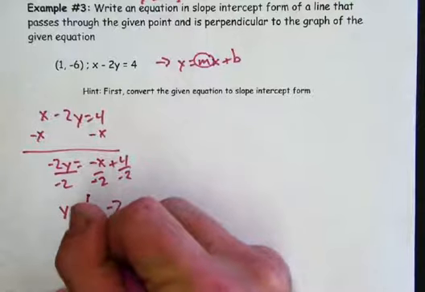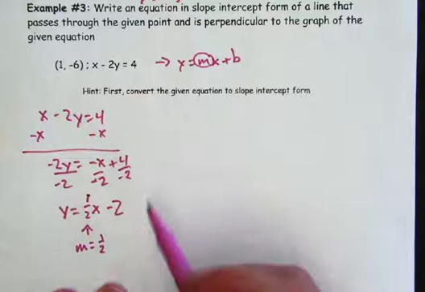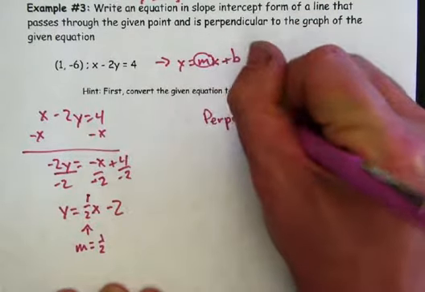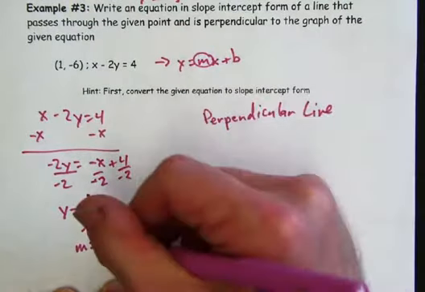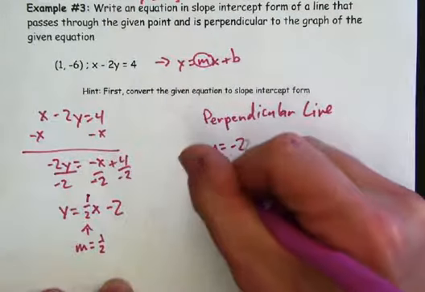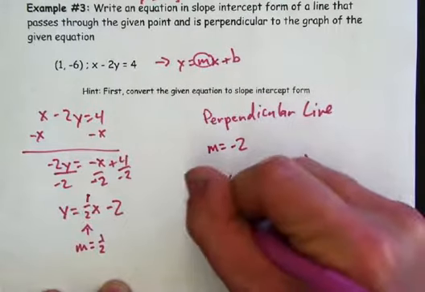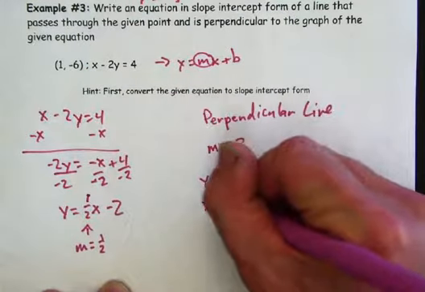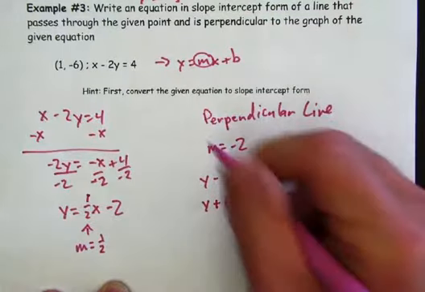That means m equals 1/2 is our slope. For our perpendicular line, if m equals 1/2 here, that means m is going to equal negative 2, the opposite reciprocal. All right, y minus y1 equals m times x minus x1. y1 is negative 6, so it'll be y plus 6 equals m, which is negative 2, times x minus 1.